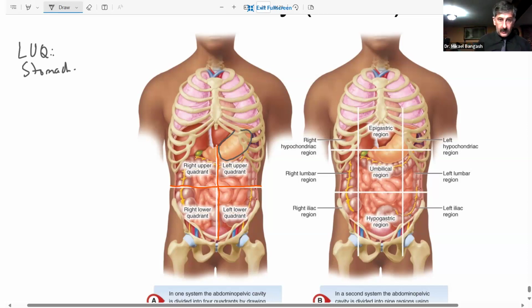You also see what we can call the left lobe of your liver. Now another structure that is visible here, located right here, is going to be the spleen.